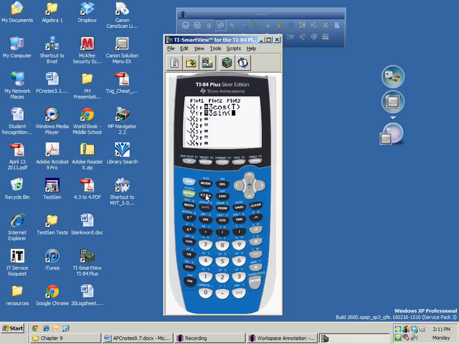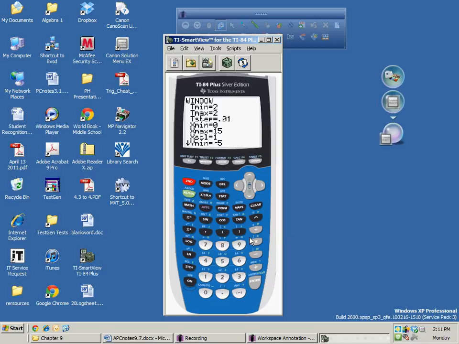Where's t? T. And make sure that you're in mode radian. And also you're going to have to change your window, okay? Because I know that this is going to have a radius of 3, right? So this I'm going to change also to 0 to 2 pi.